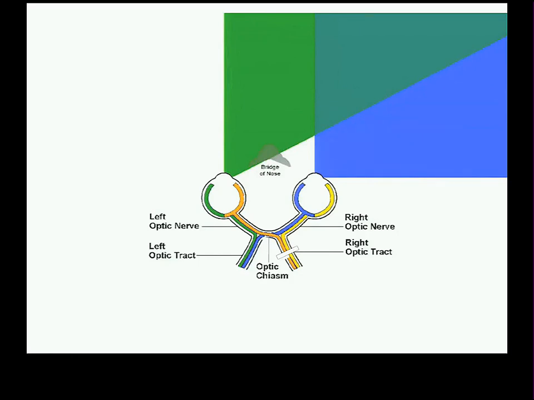When you lose half of the visual field of each eye, that's called a hemianopia. Half of the visual field of each eye. Because you have lost the left half of the left eye and the left half of the right eye, that is called a homonymous hemianopia. The same half.